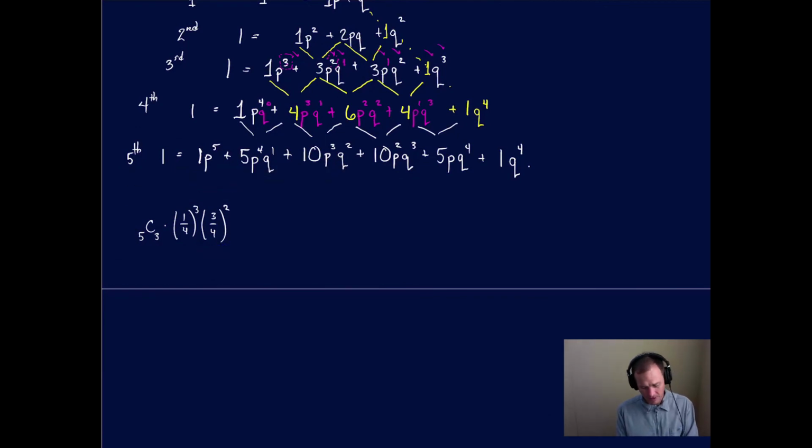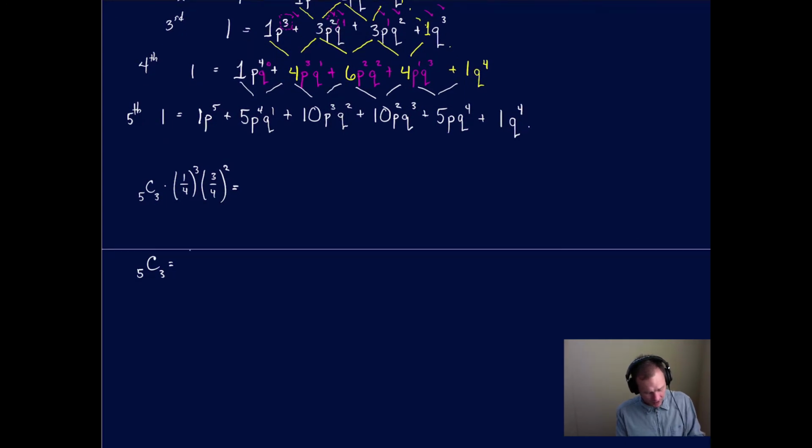I want to take it a little bit further, so let's do this. The 5 choose 3 is 5 factorial over 2 factorial, 3 factorial. Oops, I should just do that below. That's not correct right now. 5 choose 3 is, and I'm going to erase this. Don't do that. Do this instead.